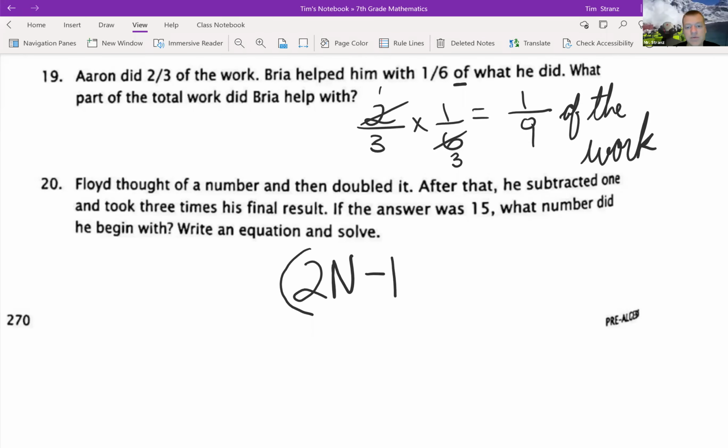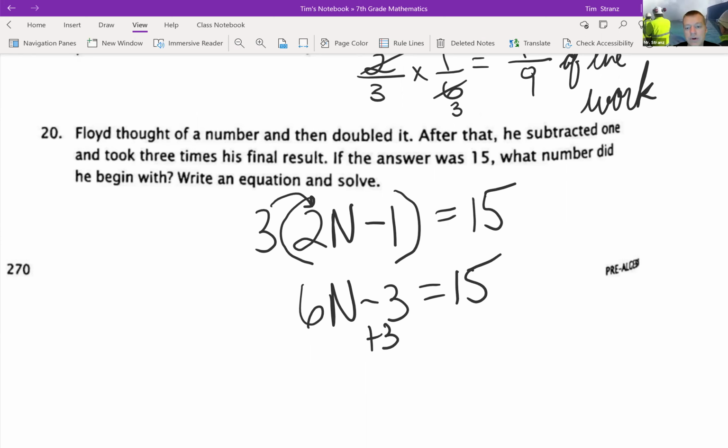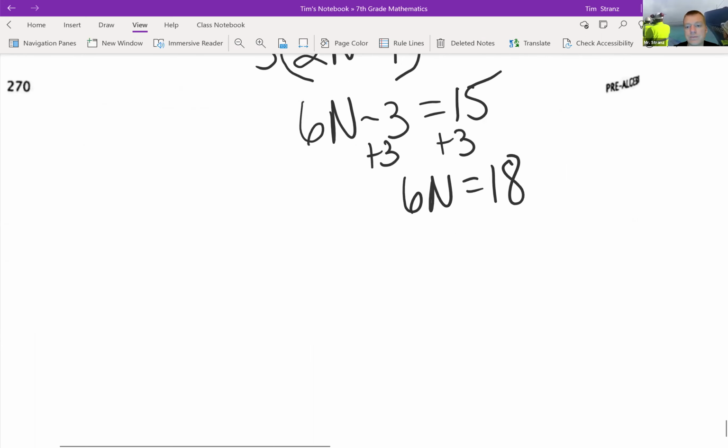So his final result, 2n minus 1, after that he took 3 times that. If his answer was 15, we got to find out what that number is. Okay, so I'm going to distribute 3 times 2n equals 6n minus 3 times a negative 1 is negative 3. Okay, I'm going to add 3, 6n equals 18, and then you can tell that n is going to equal 3.